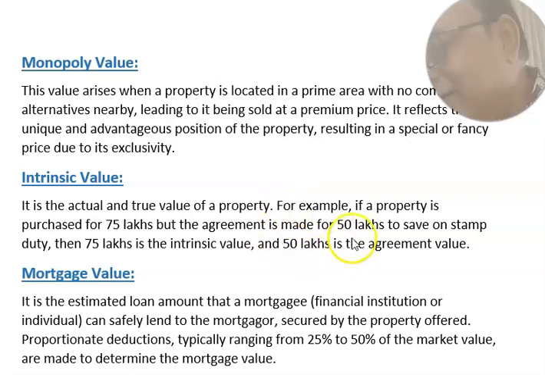So he will declare the property purchase as 50 lakhs and pay stamp duty accordingly, 4.2 lakhs, saving 3 to 4 lakhs. But the actual value, whatever he purchased, that 100 lakhs or 75 lakhs, is called the intrinsic value.